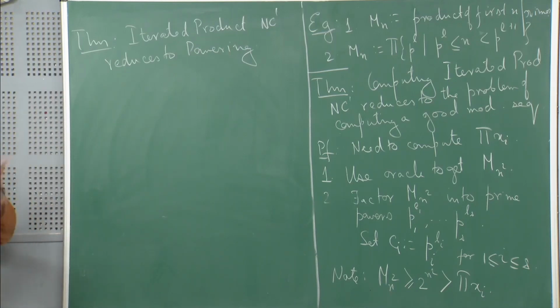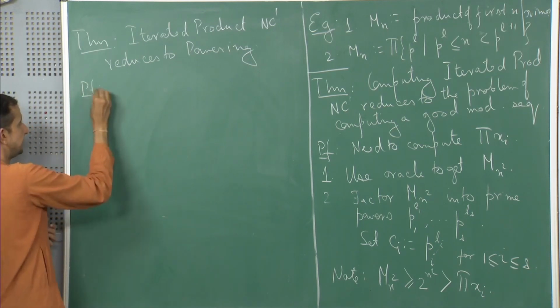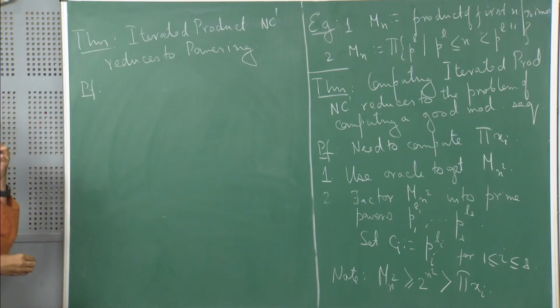So actually these 3 problems are NC1 equivalent, all 3 of them, and this is not very difficult, just 2-3 small ingredients. So what is the iterated product problem? We want to compute the product of these x_i's.